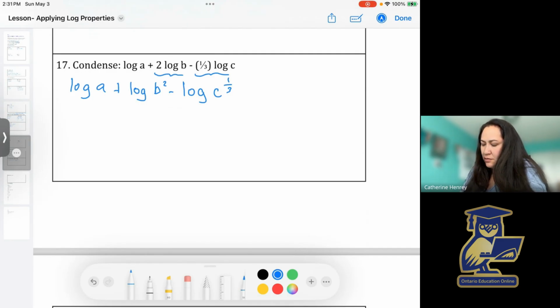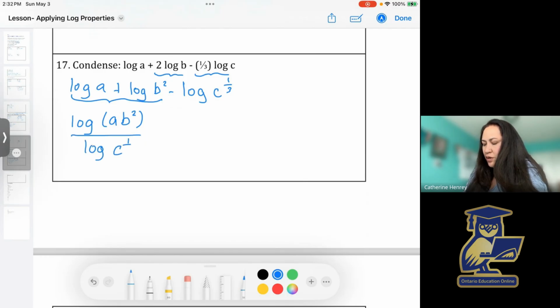And since these are addition, we can use the product rule. So the log of a times b squared divided by the log of c to the power of 1/3.